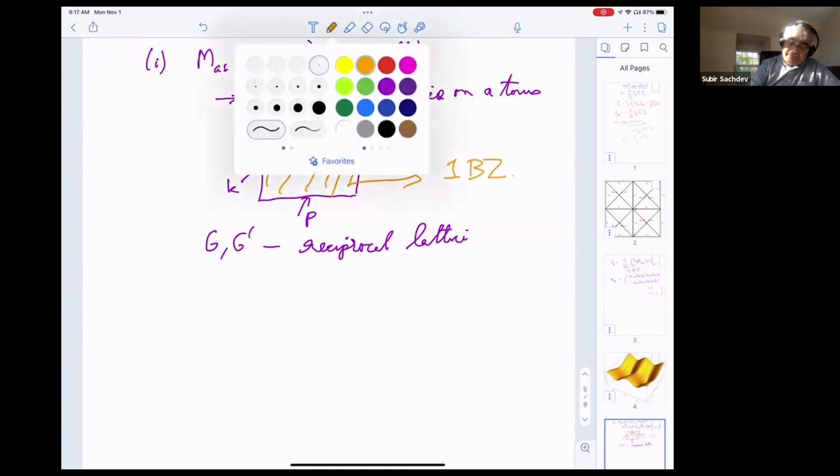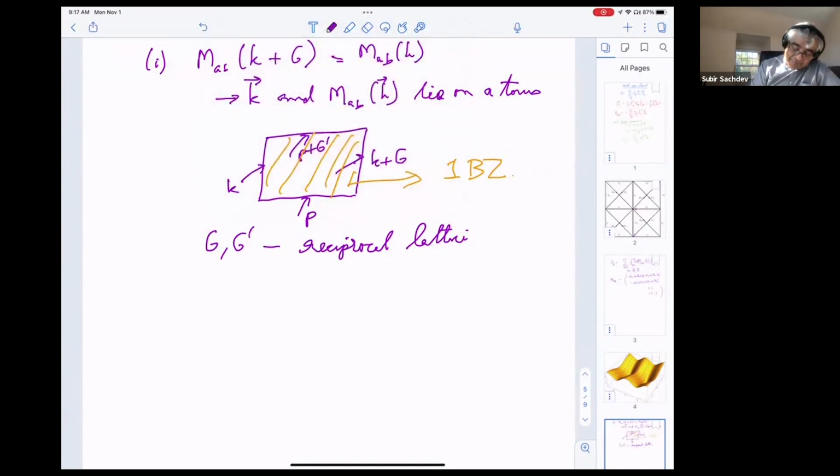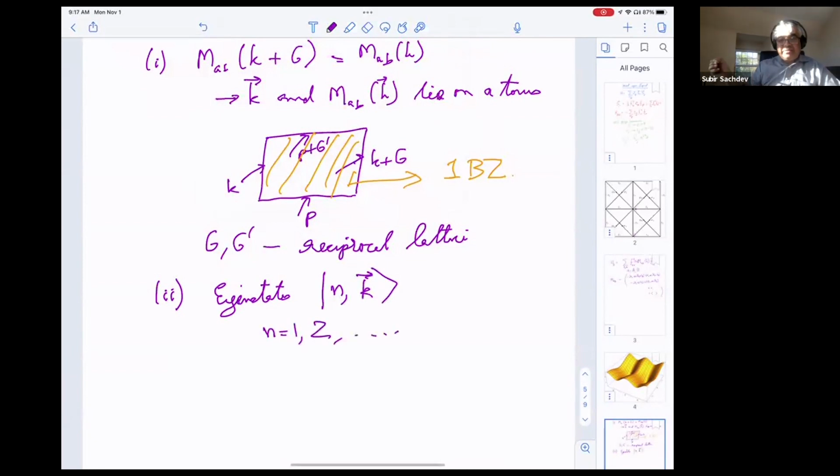The other important point is that if you look at the eigenstates, MAB will have some eigenstates for each k, which are, of course, the Bloch functions. They'll be labeled by some integer n and the wave vector k. So n is 1, 2 in our case, but in principle, it can be any set of integers.